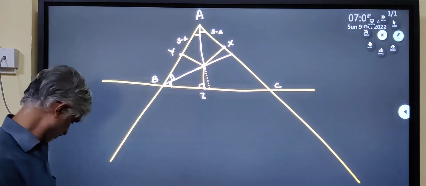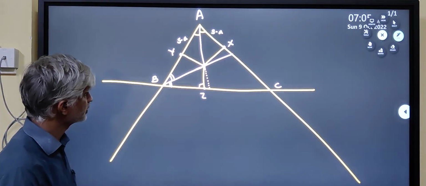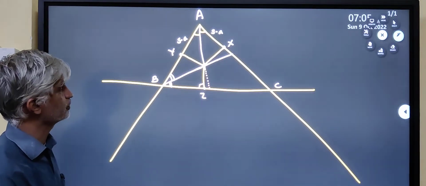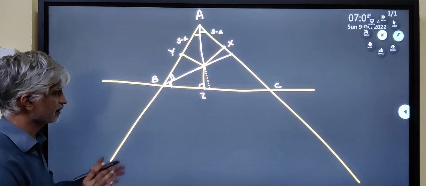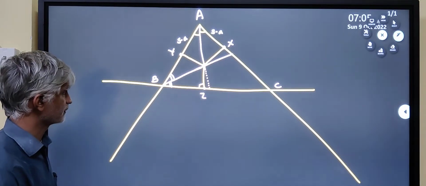Now let's see a very beautiful construction. So at this stage we're going to introduce something new, which is the excircle, and it comes out very easily and naturally.